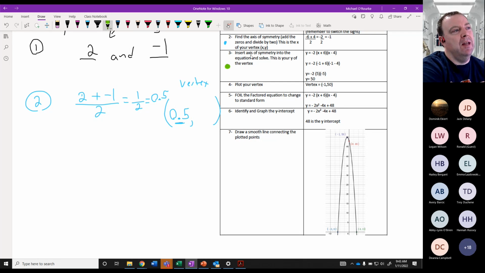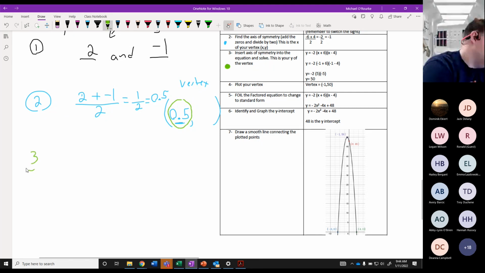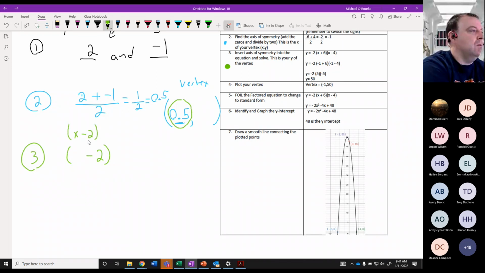So now insert the axis of symmetry. Insert this number into the original equation. My original equation was, actually, what color is the screen? My original equation was x minus 2, x plus 1.